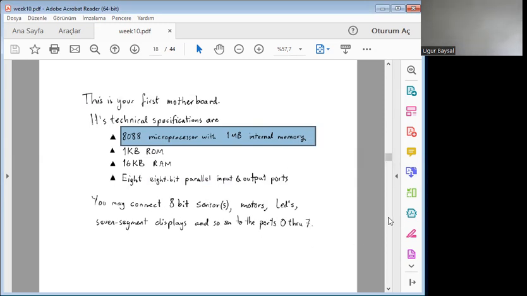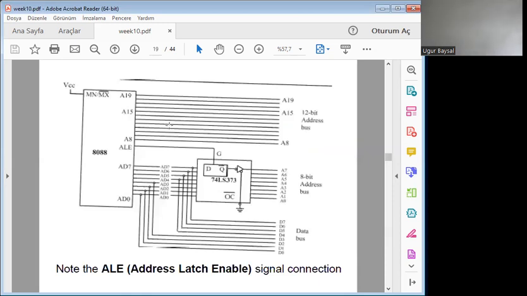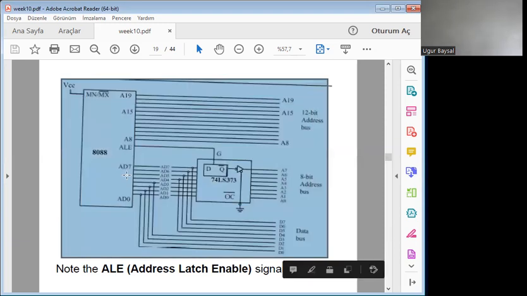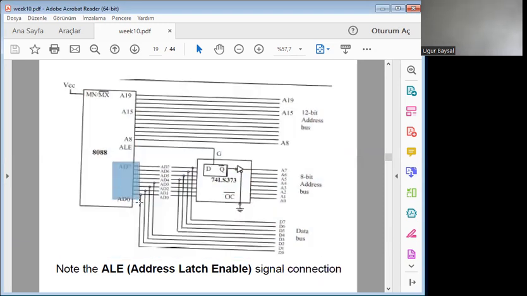So if you look through these specifications, this is the connection of our microprocessor and associated latch. This microprocessor has 8 data pins, so it's not a 16-bit data pin kind of microprocessor.